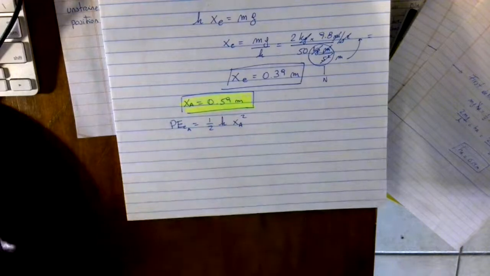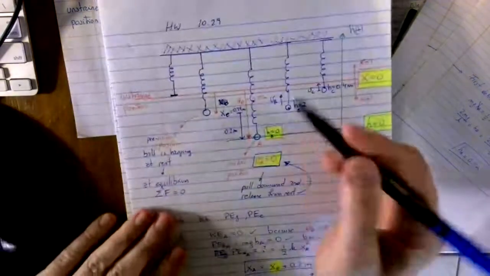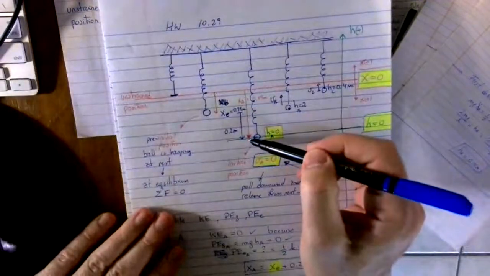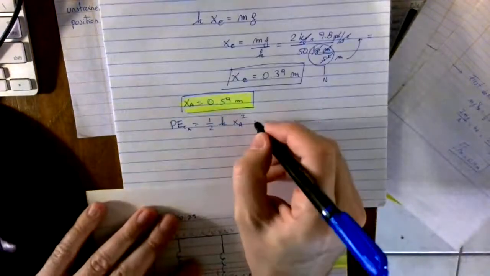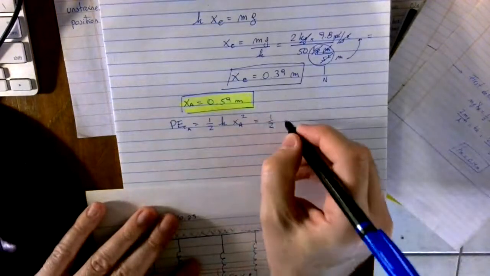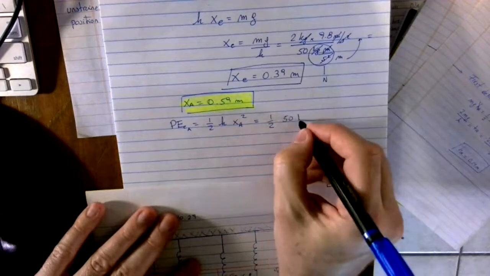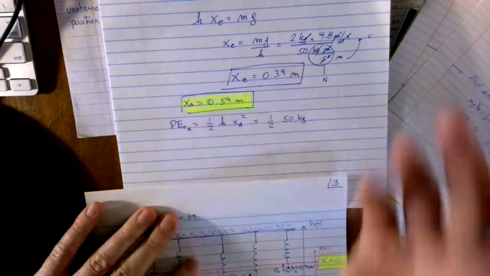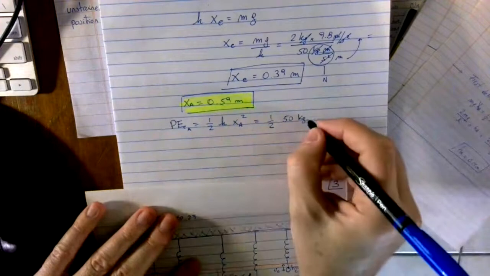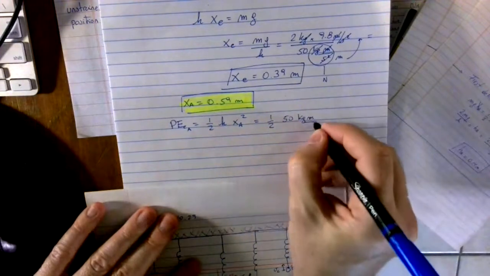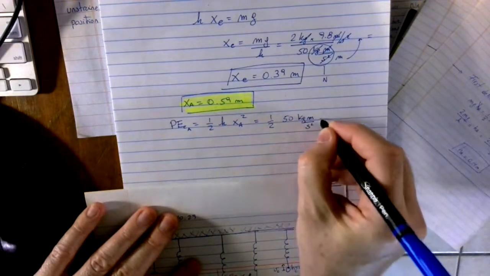That's the reason we are calculating XA. You need the correct position first, 0.59, and then you do the calculation, which is 1/2 times 50 Newton, in the fundamental units, so then you don't miss.